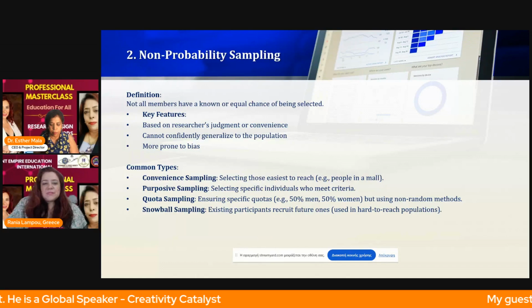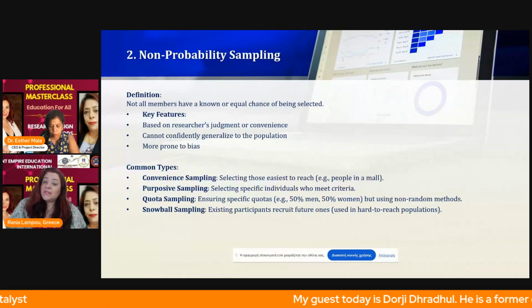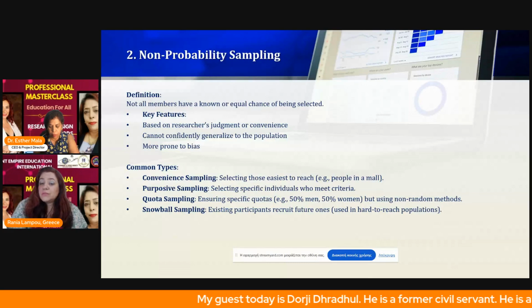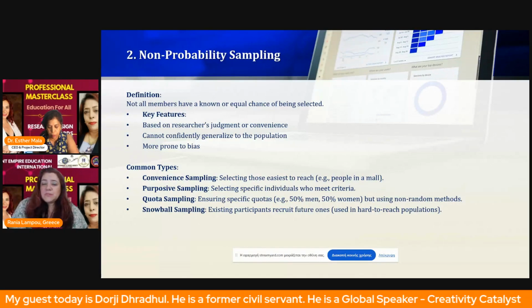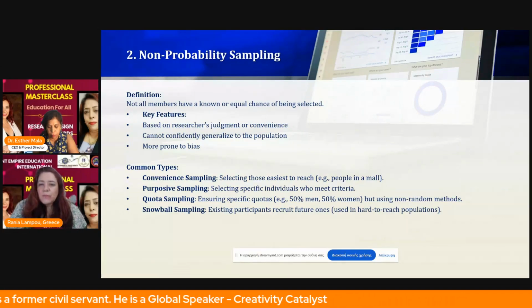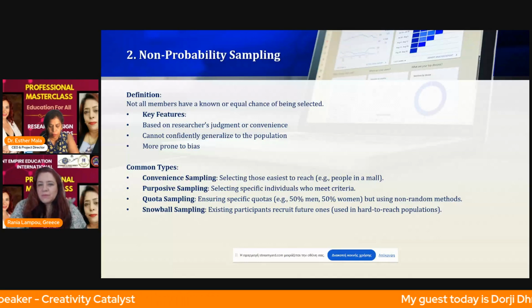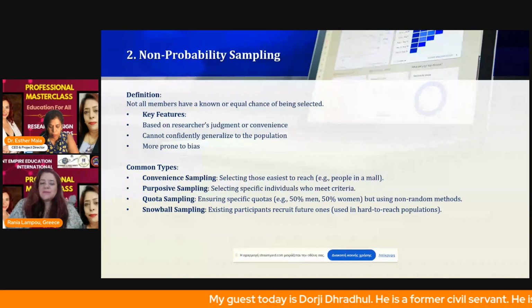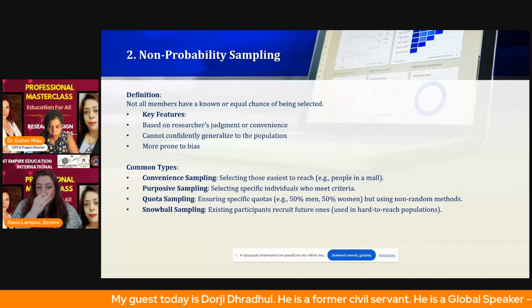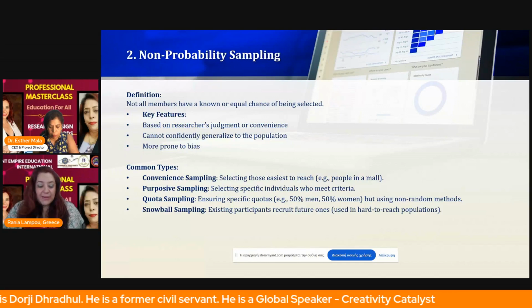The common types are convenience sampling, when we select those who are easiest to reach, for example, people in the mall; purposive sampling, when we select specific individuals who meet criteria; quota sampling, when we want to ensure specific quotas, 50% men, 50% women, but using non-random methods; and snowball sampling, when existing participants recruit future ones. This is used in hard-to-reach populations.